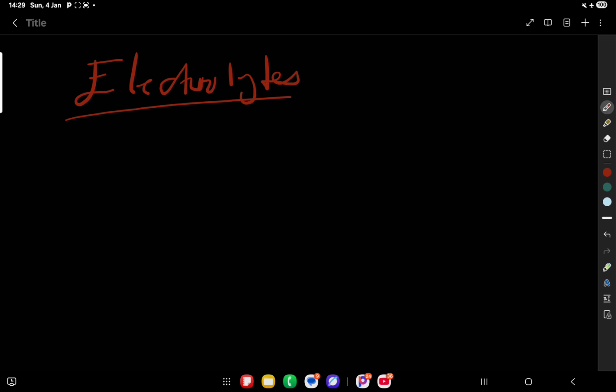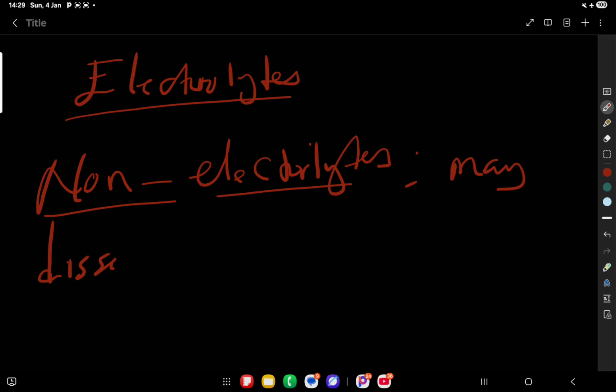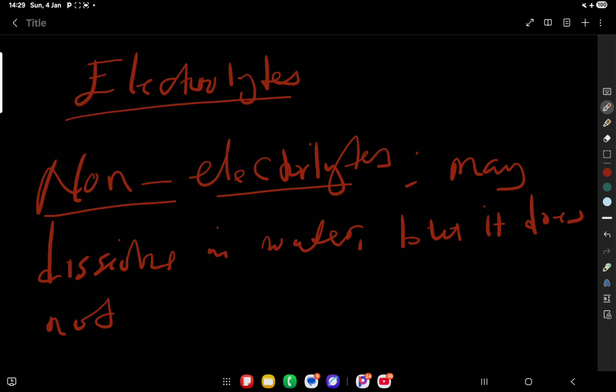The last category is what is called non-electrolytes. If we say these are non-electrolytes, what are we talking about? What I'm saying is that these substances may dissolve in water, all right, but they do not dissociate into ions.